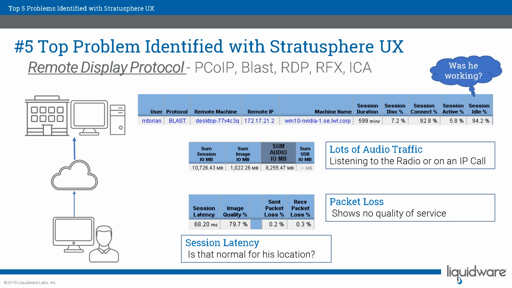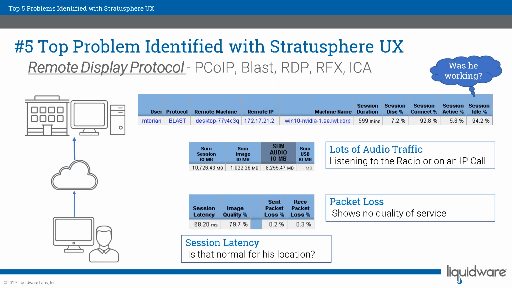Take a user sitting at their house, and from 8 a.m. to 4 p.m., their session latency is 30 milliseconds. Then all of a sudden at 4 p.m., it jumps to 120 milliseconds, and the user is complaining about my cloud system or my VDI system. Well, I can graph it and show the user, look, every day, a little bit after 4 o'clock, your latency goes from 30 milliseconds up to 120.